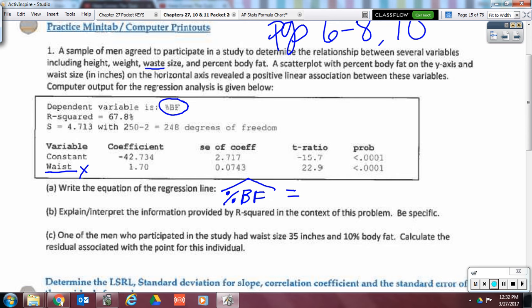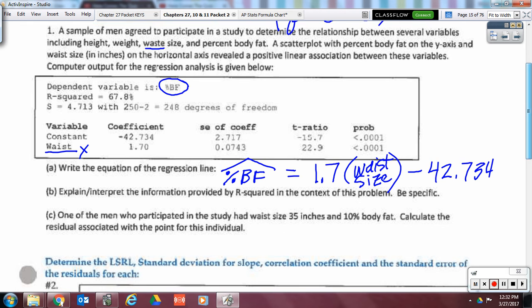So what are my numbers here for my equation? Slope 1.7 times your waist size, spell that correctly, and then minus 42.73.